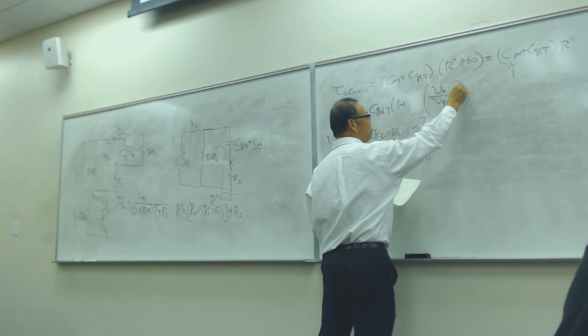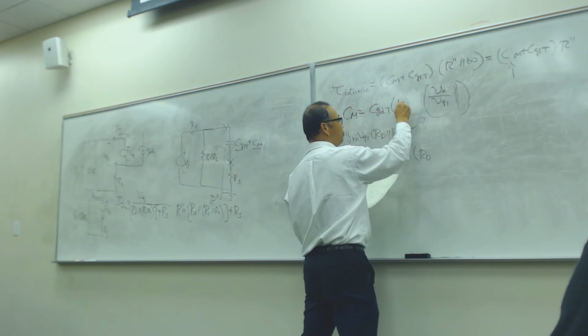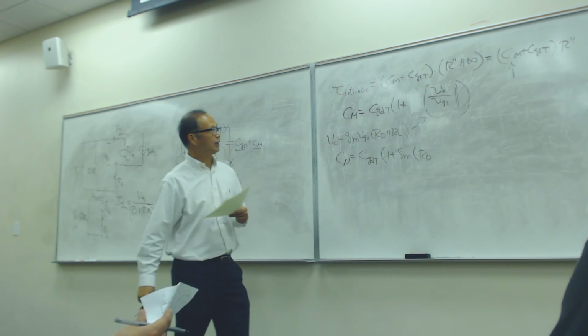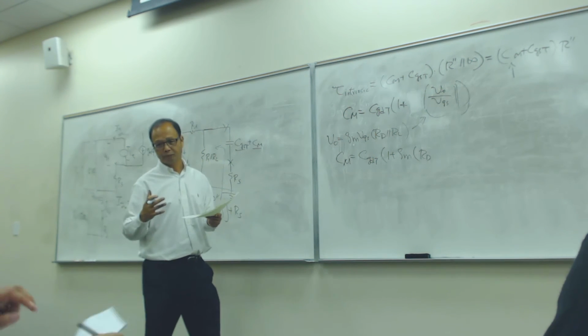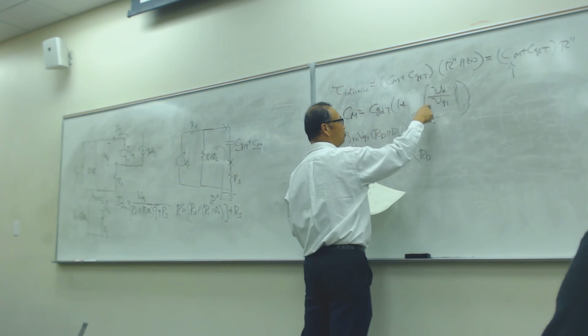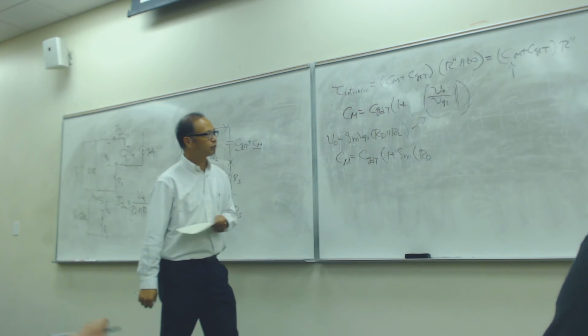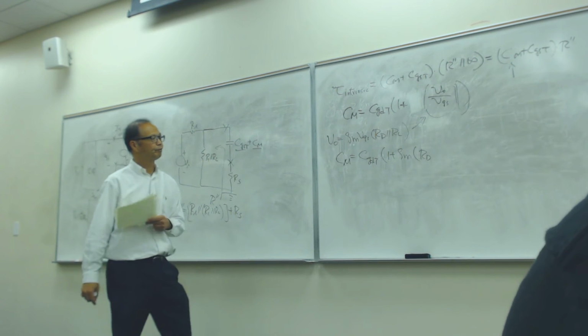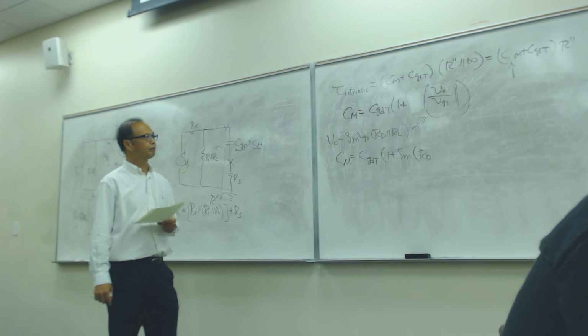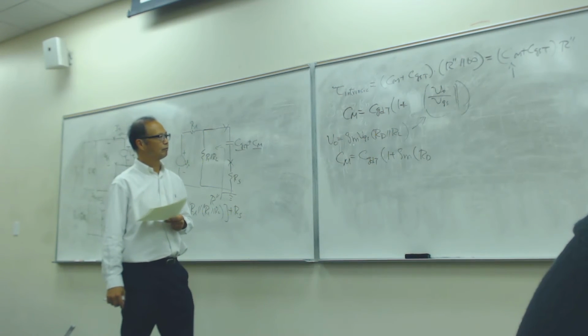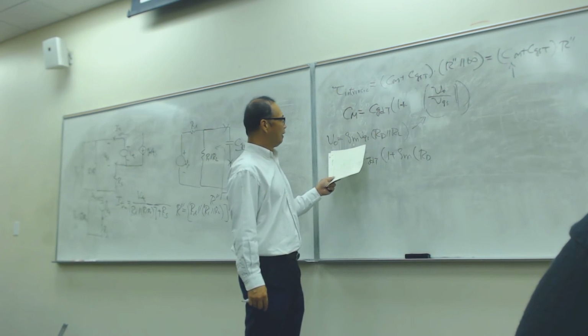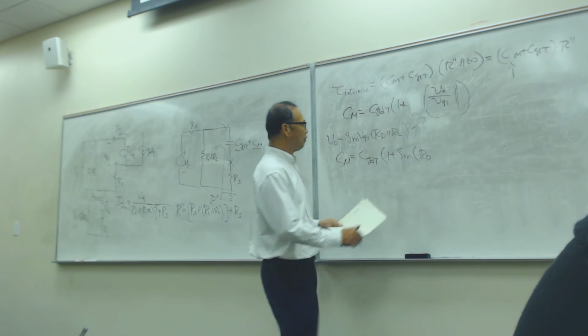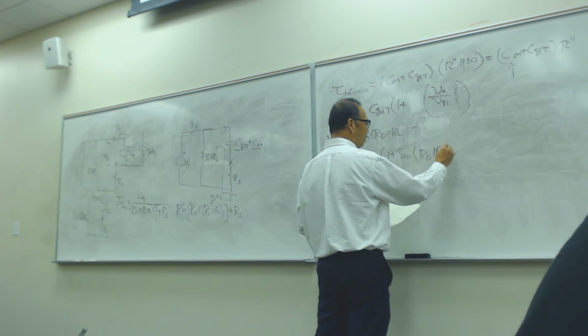So please change the formula. So it's 1 plus the ratio of V sub O to VGS. So it was just 1 plus G sub m R sub P in parallel with R sub L.